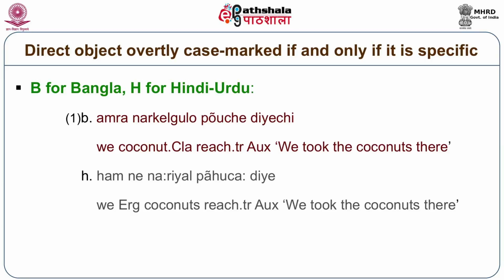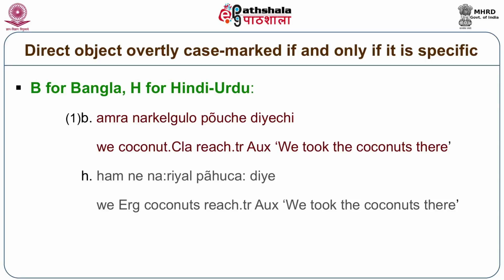Consider the contrast between the Bangla and Hindi Urdu examples in 1, which do not carry object case marking of an overt kind, and the Bangla and Hindi Urdu examples in 2, which do carry such case marking. We begin with the Bangla examples.